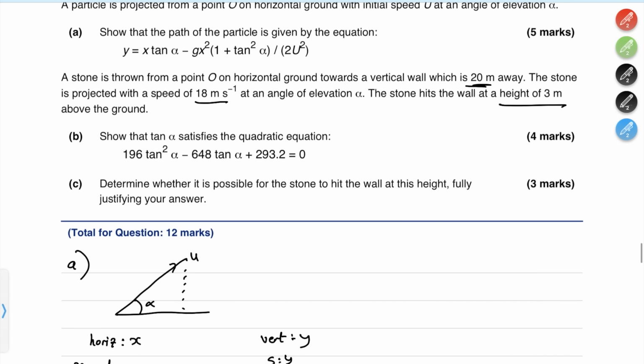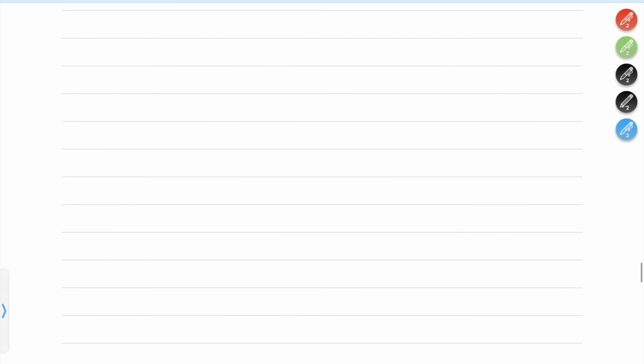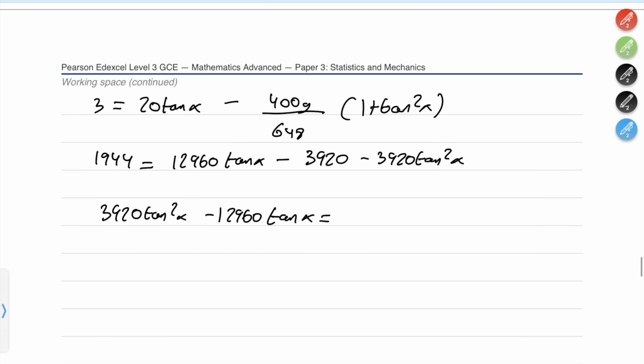Okay, so it's clearly going to have some simplification here. But let's just rearrange till then. 3,920 tan squared alpha minus 12,960 tan alpha plus 1,944 plus 3,920 equals, so plus 5,864 is equal to 0.